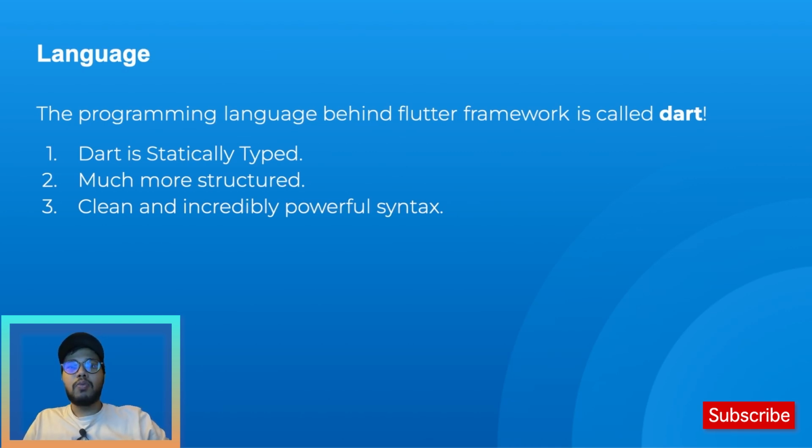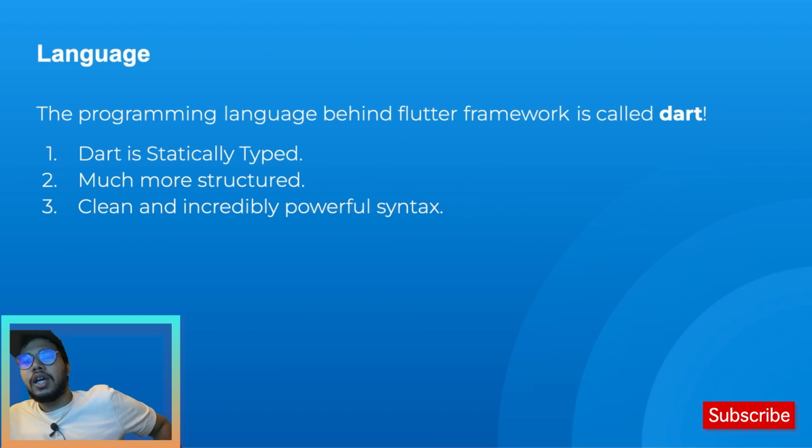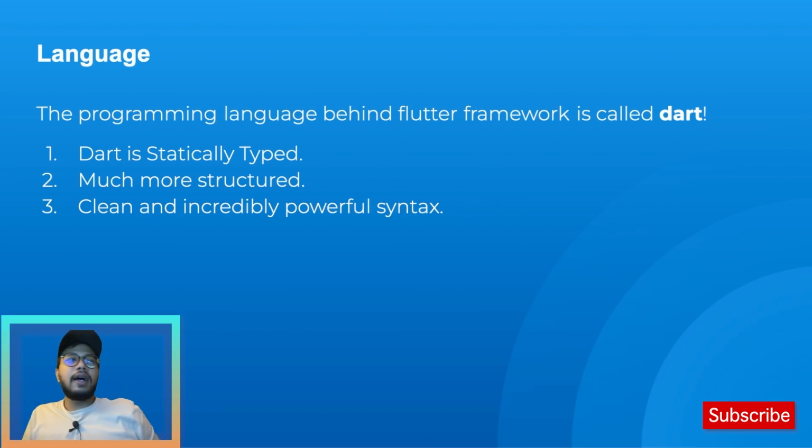There are a lot of advantages of using Dart in Flutter, because Dart is statically typed, it's much more structured, and it has a clean and incredibly powerful syntax. So why didn't they choose something like Java or C Sharp, even though they had some business issues with these kinds of languages? They created their own, Dart, for that.